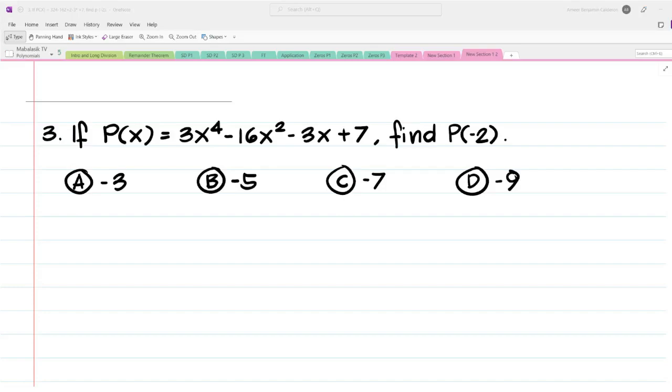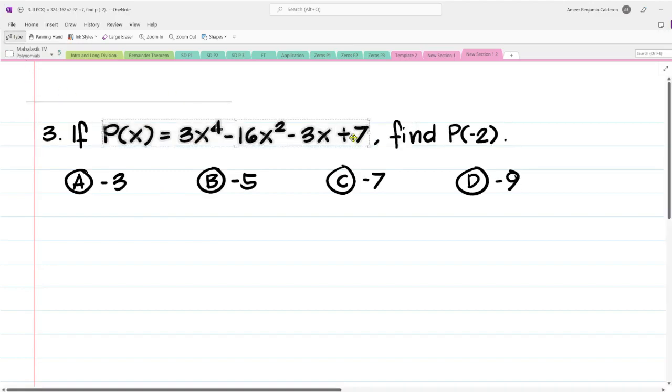Let's move on to our third problem. If p of x is equal to 3x to the fourth minus 16x squared minus 3x plus 7, find p of negative 2. So this is just a very simple problem. So we have p of x. I'll copy p of x first.